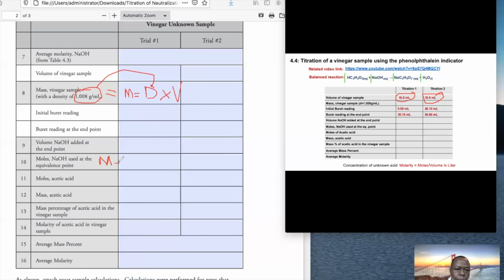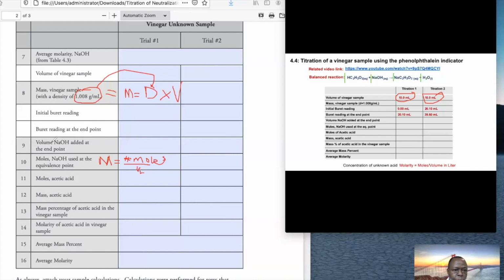Molarity of NaOH is given by number of moles over volume in liters. Which volume in liters are we talking about?